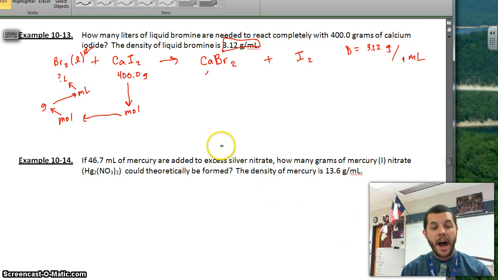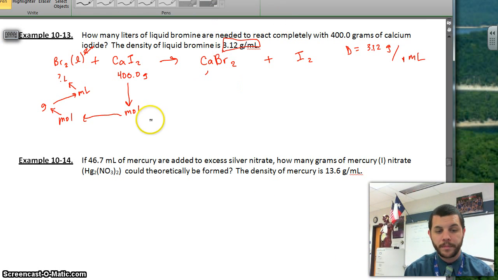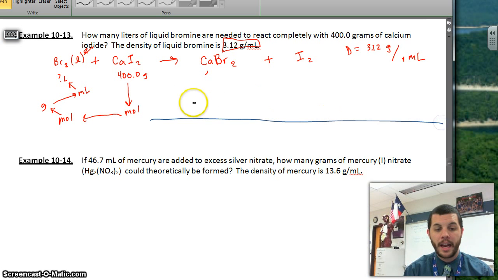Okay, so I now can build my T-chart. And so I'm starting off with 400 grams of calcium iodide. And then I go from grams of calcium iodide to moles of calcium iodide.